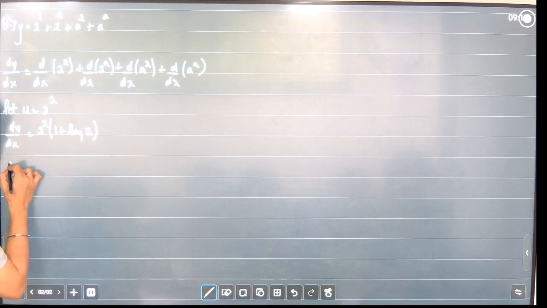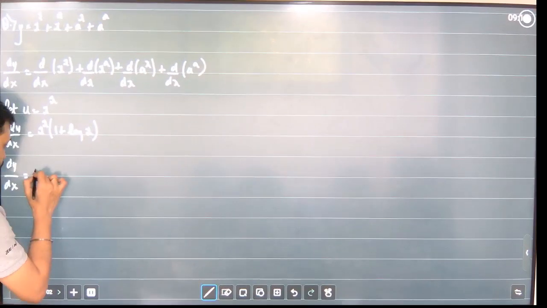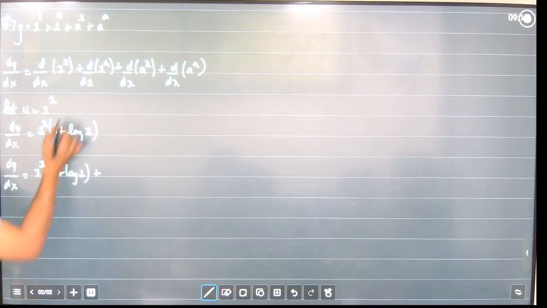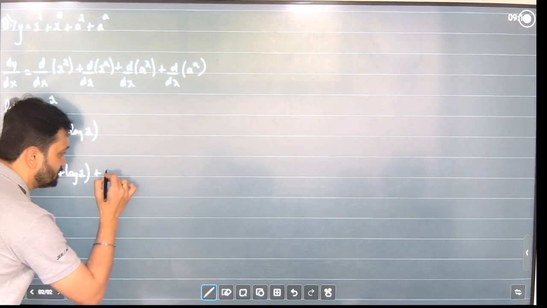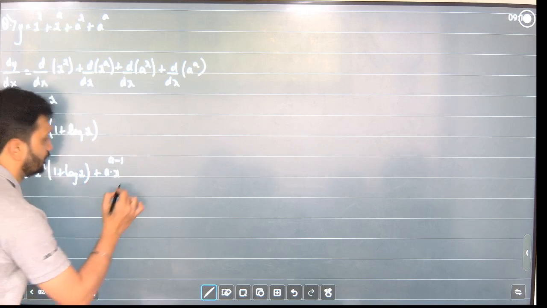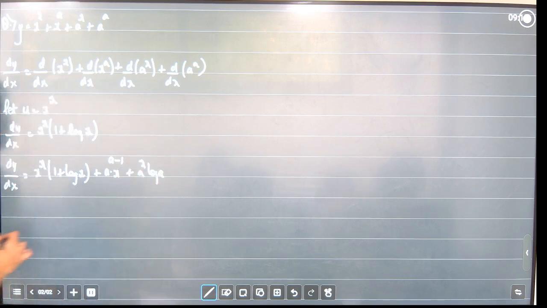And my final answer would be dy by dx is equal to x raised to x bracket 1 plus log x, plus x raised to a is nothing but a into x raised to a minus 1, plus a raised to x log a, and derivative of a raised to a, since it's a constant, my answer will be 0. Anybody has any doubts here?